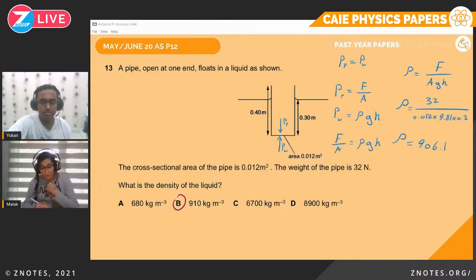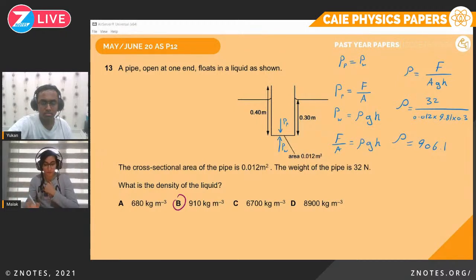Correct? Now, we know that the pressure of the pipe, PP, is F over A, because the force is the weight of the object, which we have right here, and we have the cross-sectional area. So we can calculate the pressure of the pipe, force over area. As for the pressure of the water, that would be rho GH, the equation that we have.